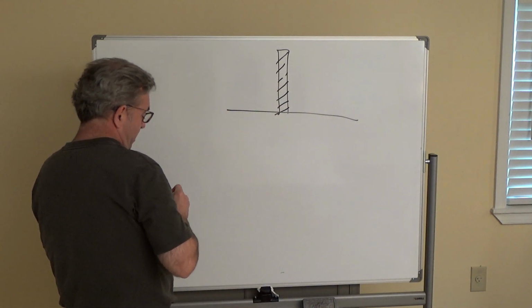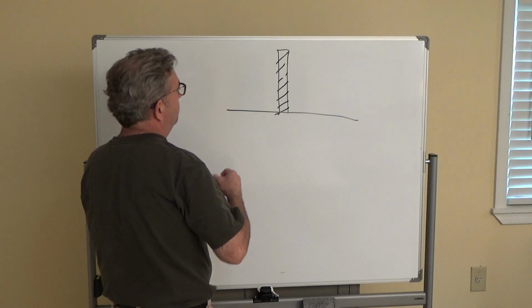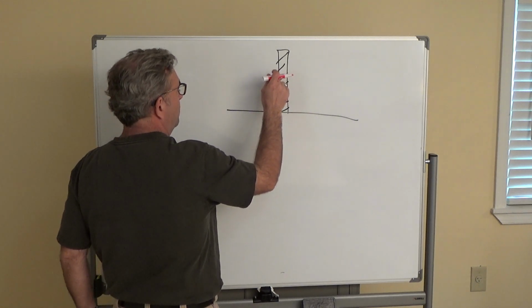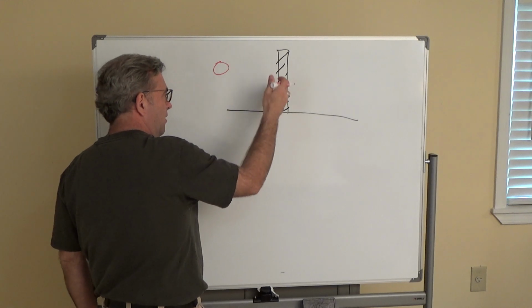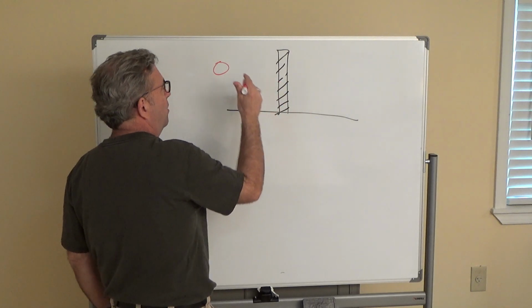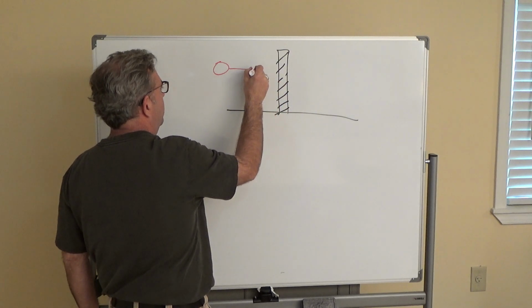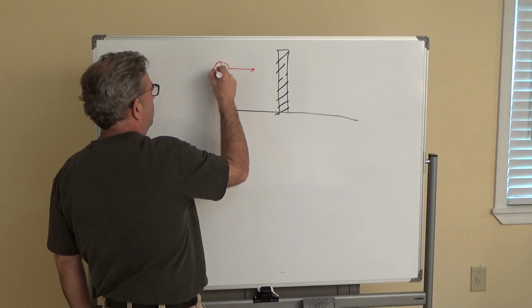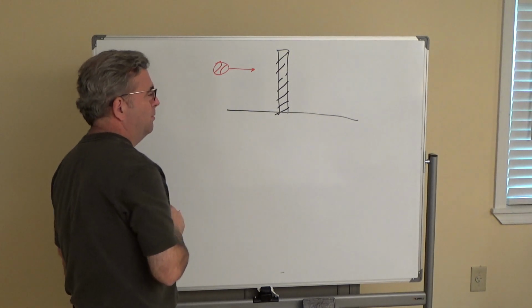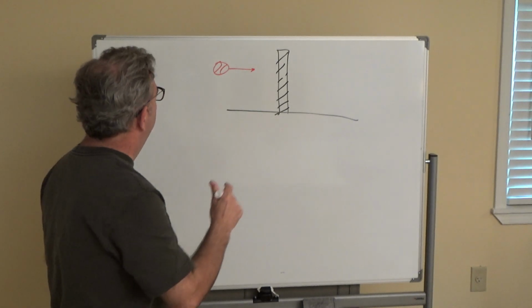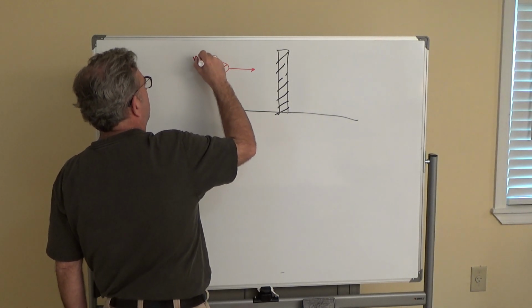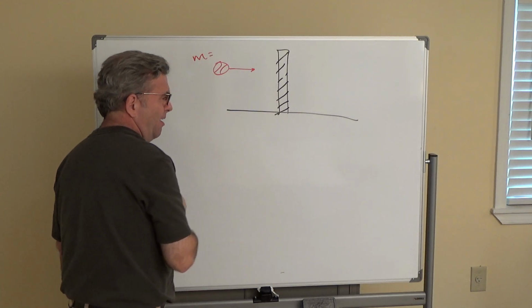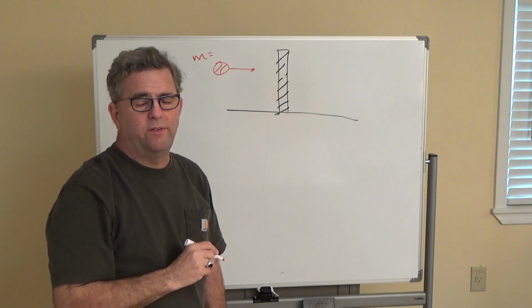So let's say that you throw a baseball. Here's an immovable object. We're going to say that it has a large mass. It's attached to the earth. It's not going to move. Here comes a baseball. Okay, it's a big baseball. And the mass of a baseball, I think, is about 145 grams.